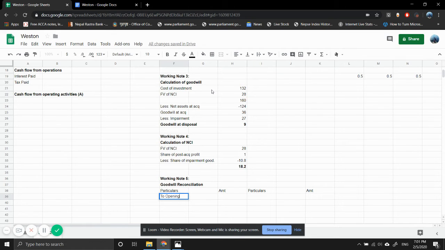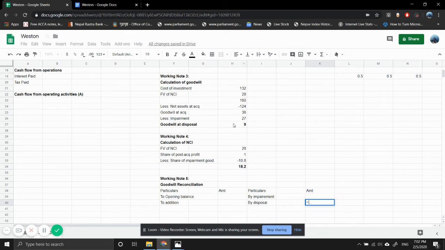Balance, addition, by impairment, disposal is this figure.